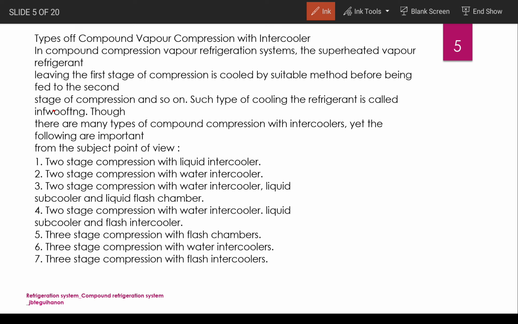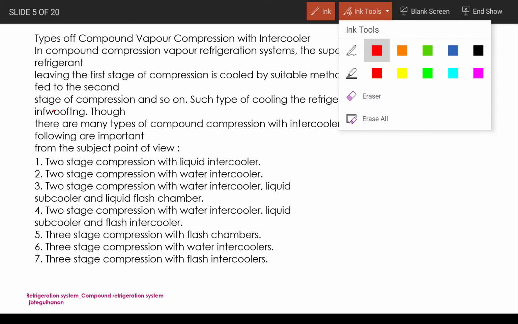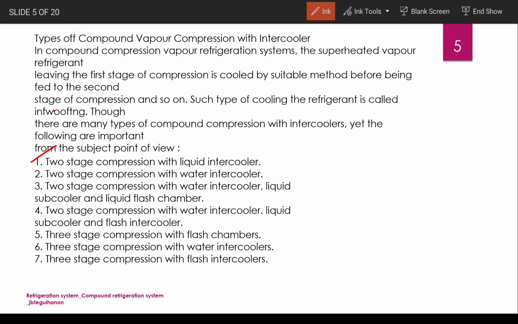There are many types of compound compression with intercoolers, yet the following are important from the subject point of view. We have seven here. Number one, two-stage compression with liquid intercooler.